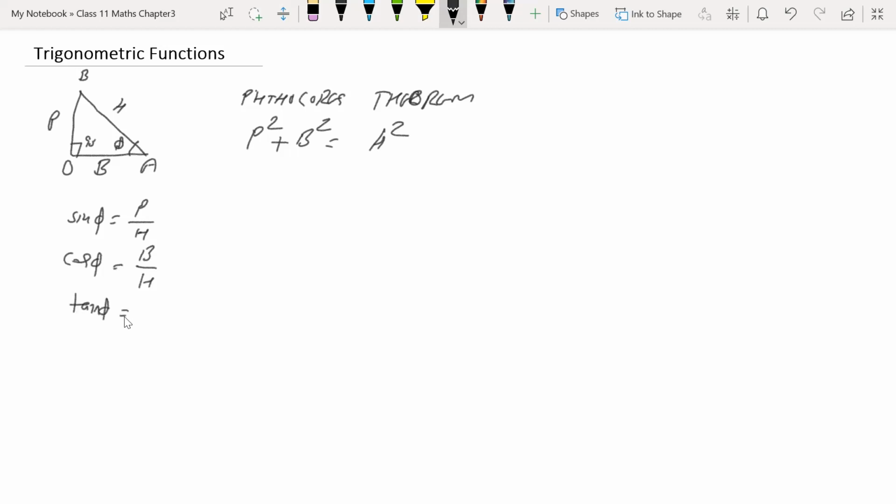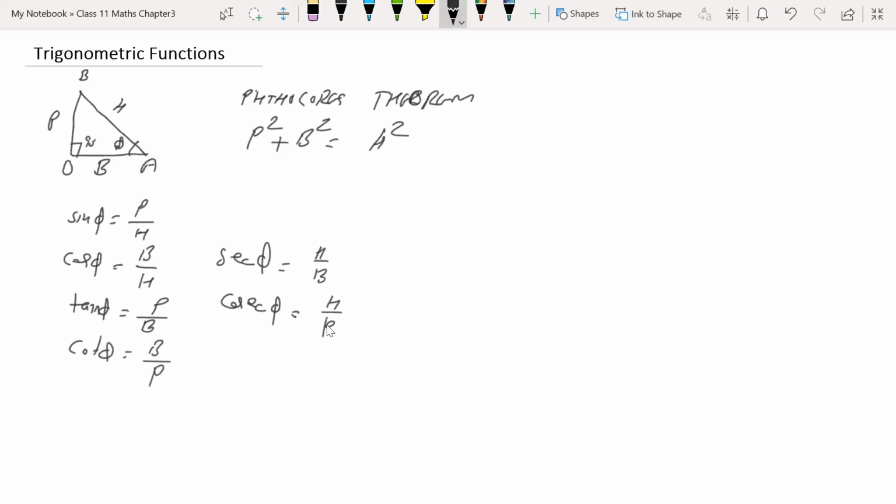Tangent theta is perpendicular upon base. Cot theta is base upon perpendicular. Secant theta is 1 upon cos theta, which means it is H upon B. And cosecant theta is H upon P.